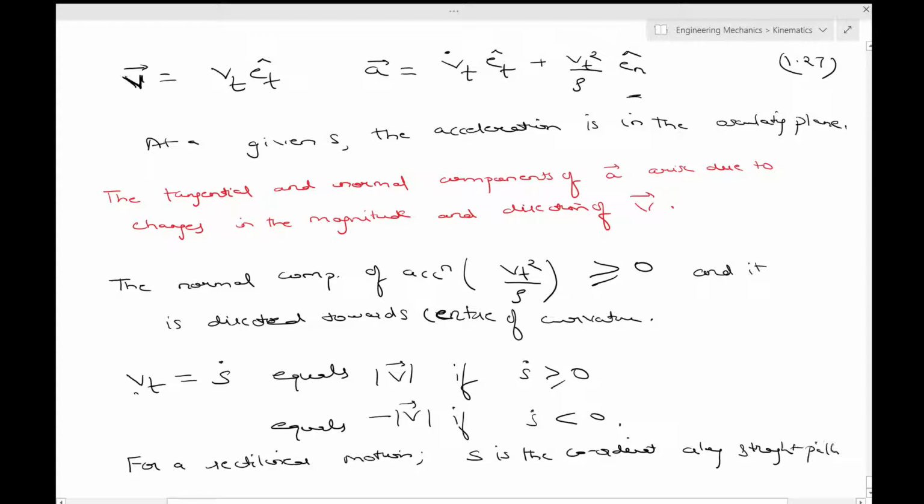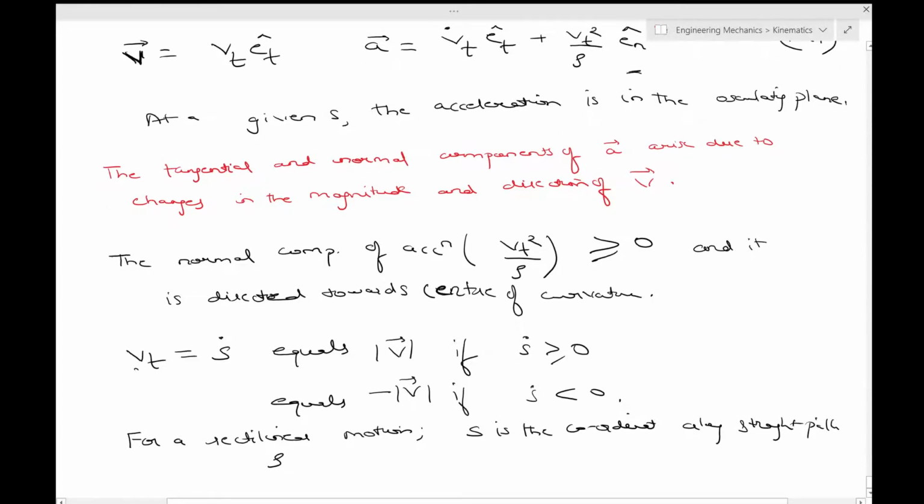We called it X, and rho will be tending to infinity, and the normal component will be tending to 0, just because the normal component is Vt square by rho. So if rho is tending to infinity, the normal component will tend to 0.